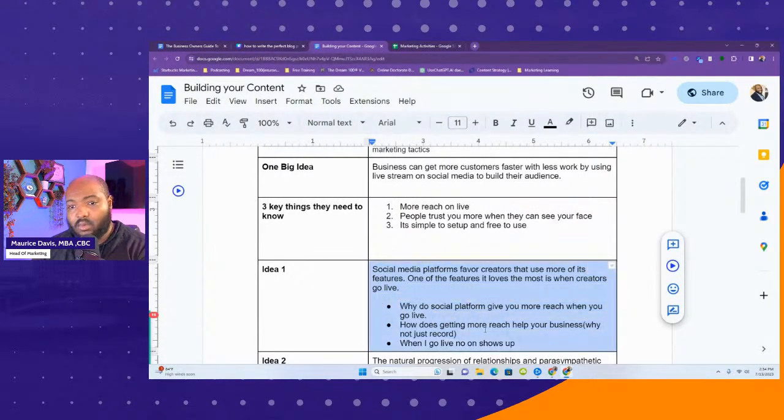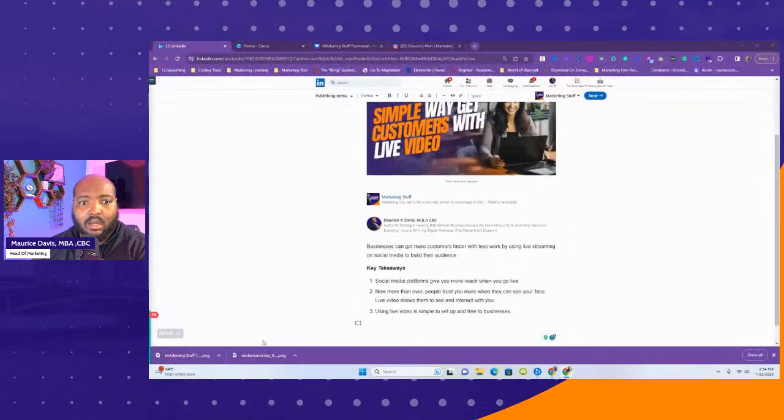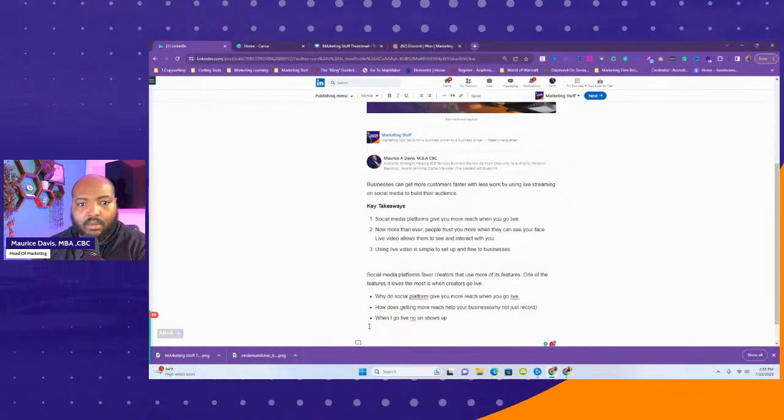I need to title these sections. I haven't titled them yet. But I can drop these in here and know that these are the main pieces that I'm going to have to work with.